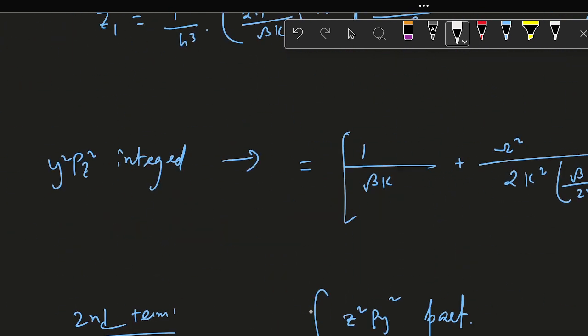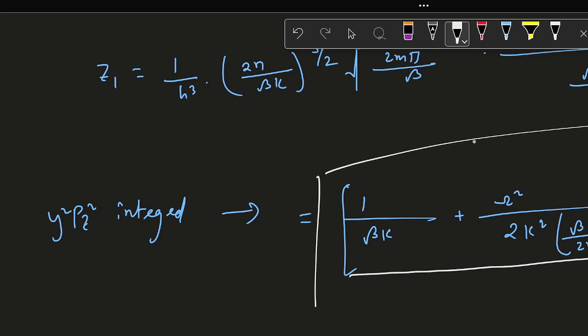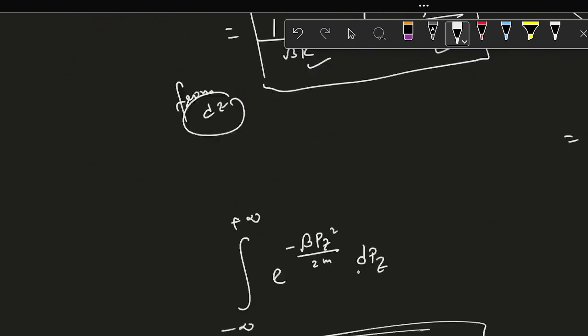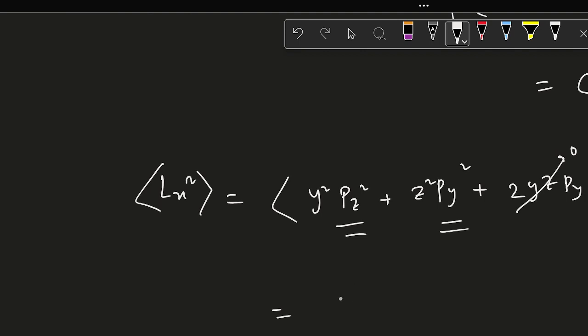So your y squared pz squared integral was this: 1 by beta k plus omega squared by 2k squared, into this whole thing, beta by twice m minus beta omega squared by twice k, times 1 by beta squared.